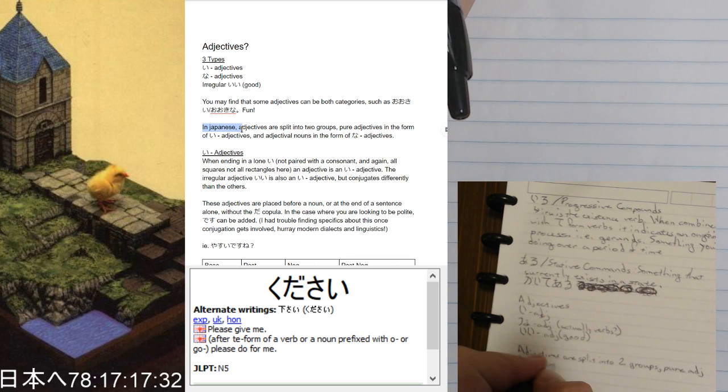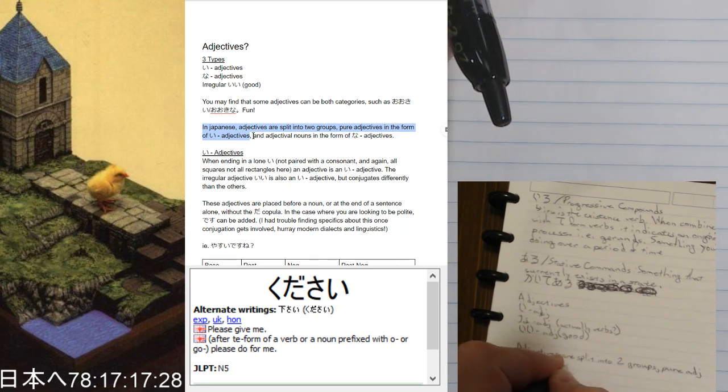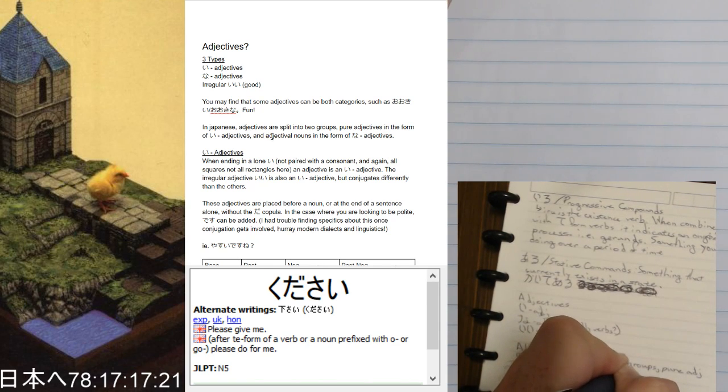Alright, so the two types of adjectives are i adjectives, which are pure adjectives, and in English what we would call adjectival nouns, or na-adjectives.